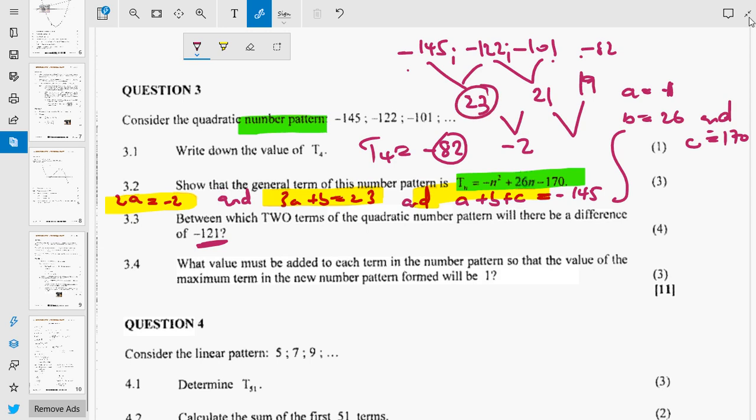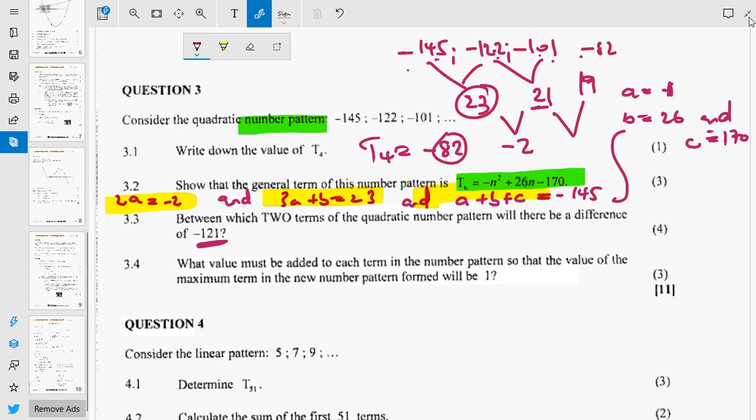Take 23 for instance. 23 is between term 1 and term 2. Okay, so it's between term 2 and term 1. 21 is between term 3 and term 2. Which two terms will I subtract and get minus 121?